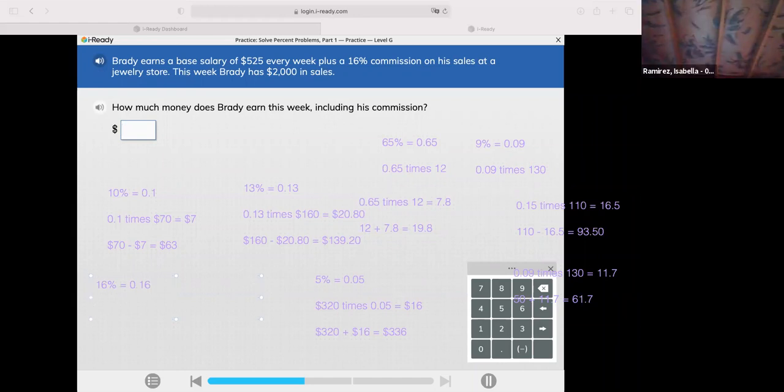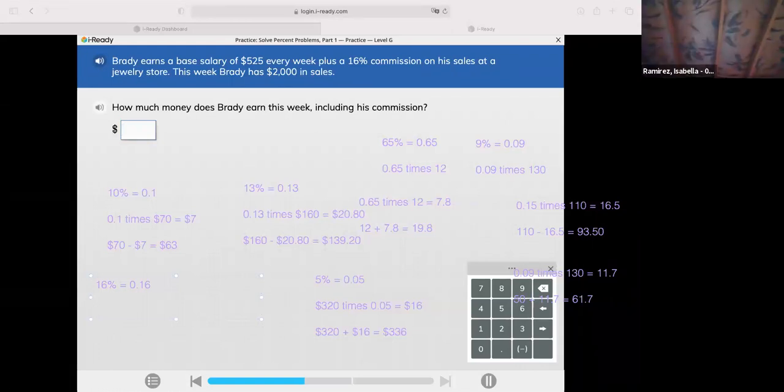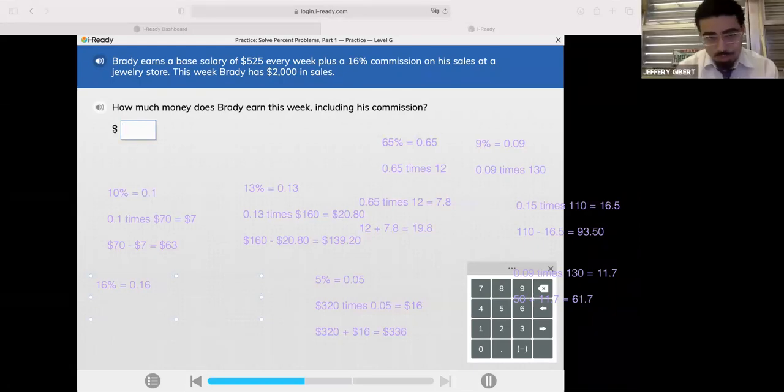It says commission. Yeah. So when you get a commission, it says every week plus a 16% commission. That's like a bonus, basically. So if you're getting a bonus, are you losing the money or are you getting the money? You're getting the money. All right. So that means we're going to be adding.